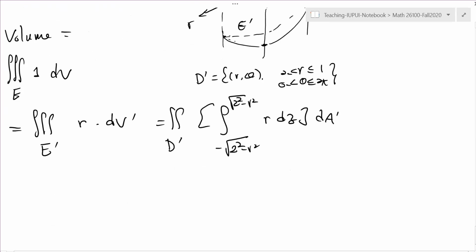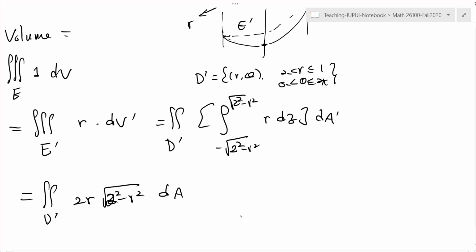Here we use cylindrical coordinates, but you still have to evaluate a double iterated integral, and this double integral is no longer over the circle; it's already over the rectangle. So let's evaluate the inside first. R is a constant, so it's just 2R, the 2 squared minus R squared, dA prime.